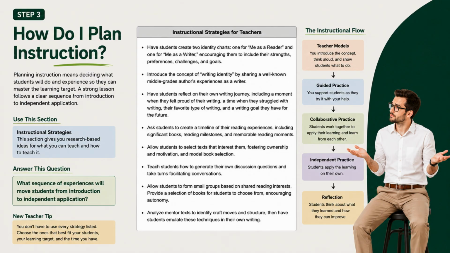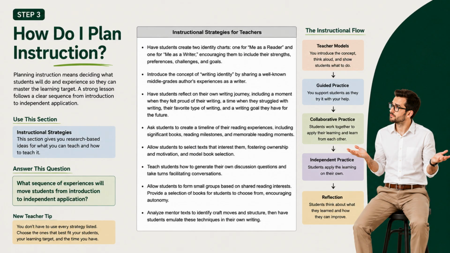Begin with teacher modeling, where you explicitly introduce the concept, think aloud, and demonstrate the skill. Next, move into guided practice, where students try the skill with your support and immediate feedback. Then provide collaborative practice, allowing students to apply their learning with peers through discussion, problem solving, or shared tasks.